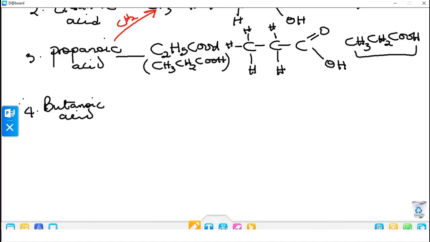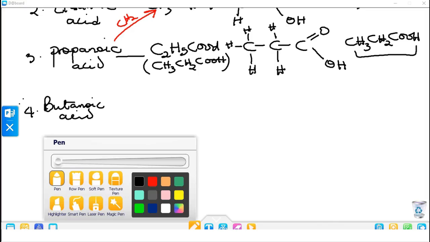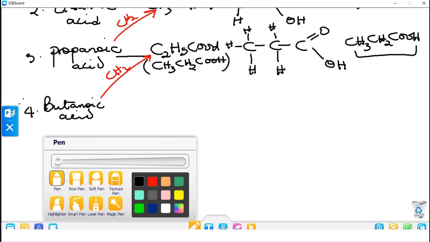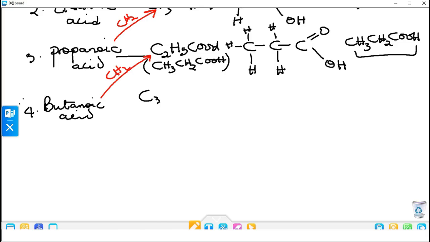Butanoic acid will be, if I am to add CH2 to C2H5COOH, that will give me C3H7COOH. COOH is a constant parameter for all of them.